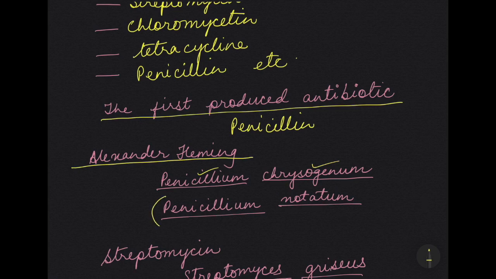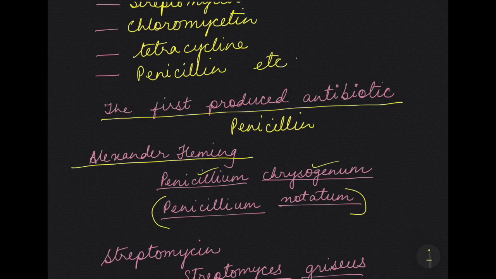Previously it was also known as Penicillium notatum. Then he studied it and he saw that this mold, that is Penicillium chrysogenum, produced a substance which did not allow the growth of many bacteria. And then the substance was named penicillin. That was the first antibiotic that was used in medicine.